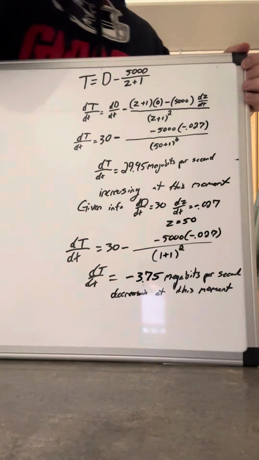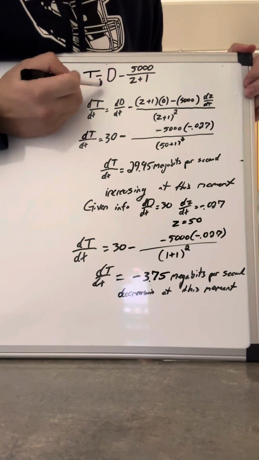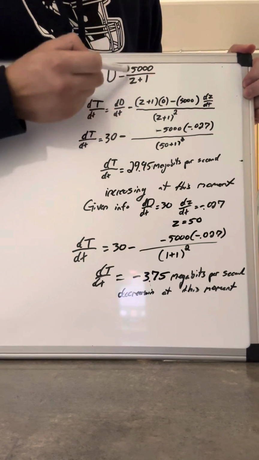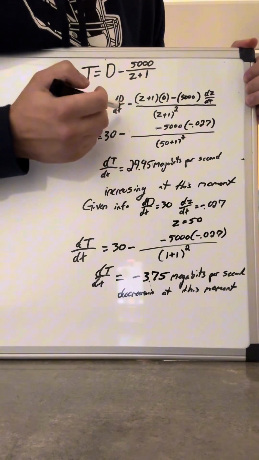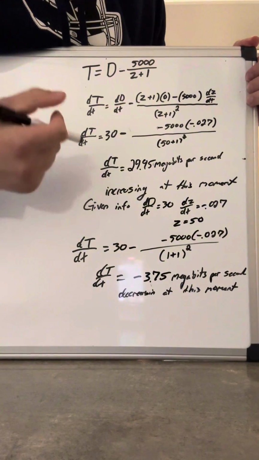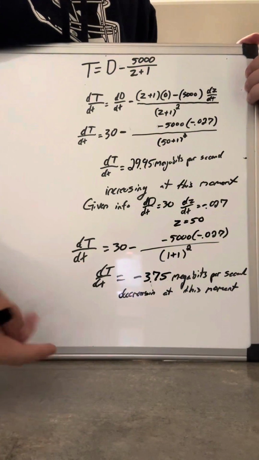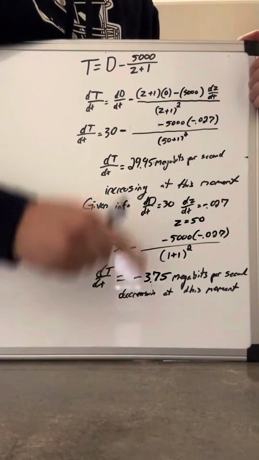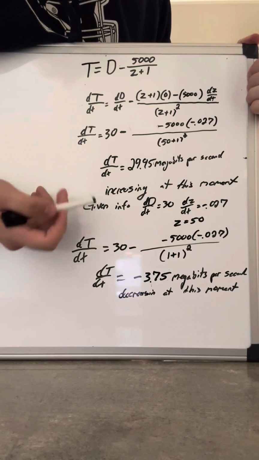Okay, last part here. So first of all, we have the equation T equals D minus what we had for R, but in terms of Z. And in order to find what dT over dt equals, which is the change in the total amount of stolen information on Bart's laptop, first let's go to what we're given.